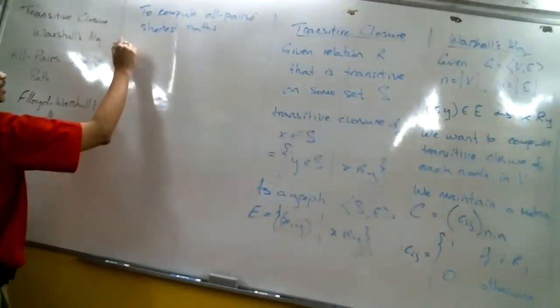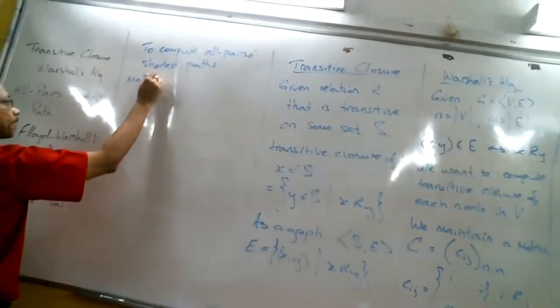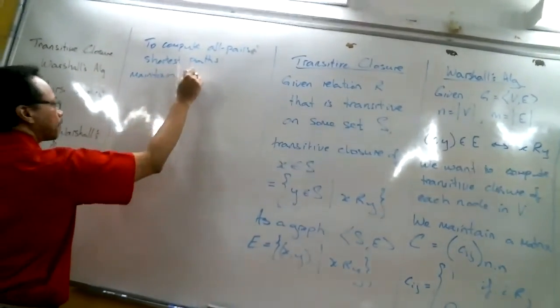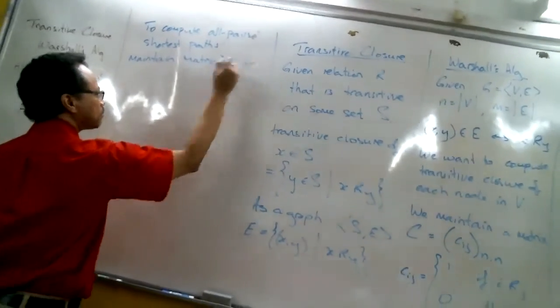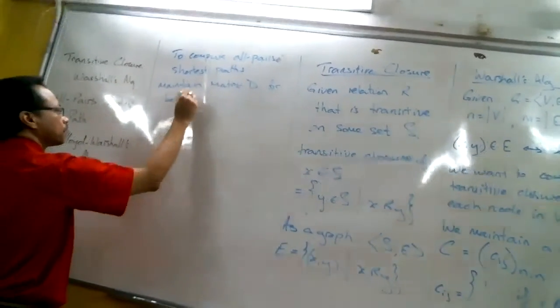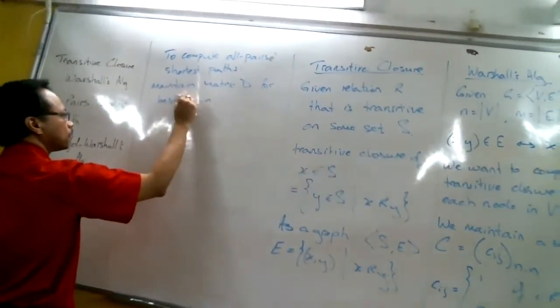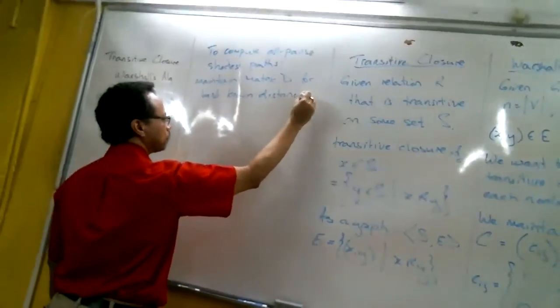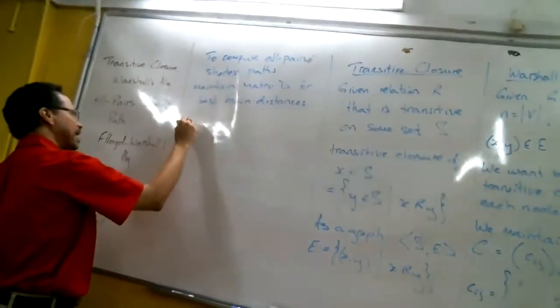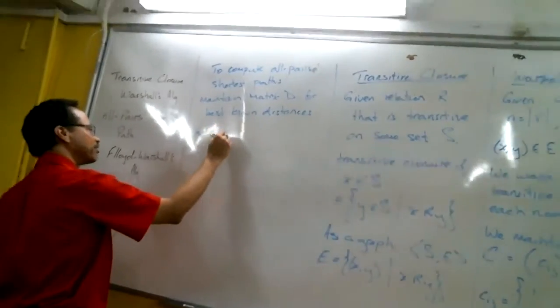Maintain a matrix D for the distances, and we initialize D to be the weighted adjacency matrix.